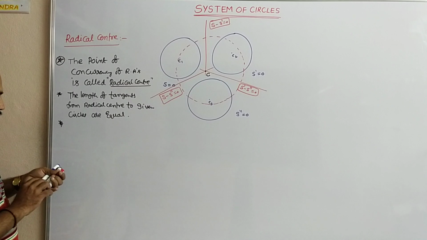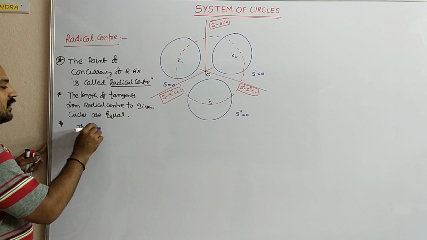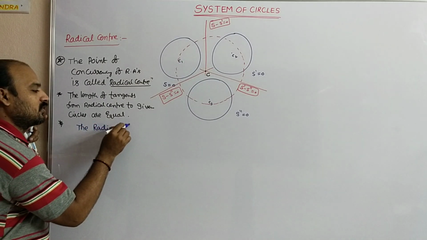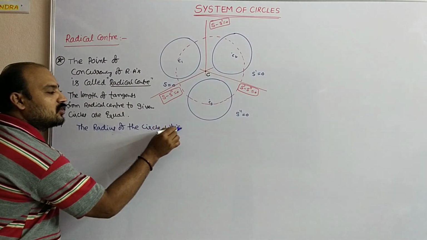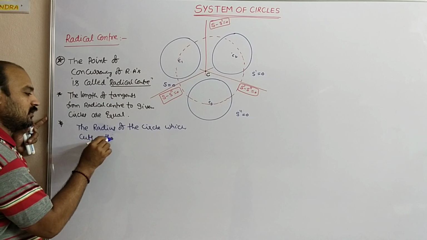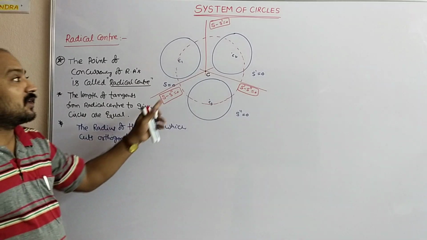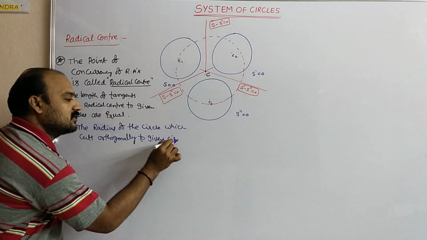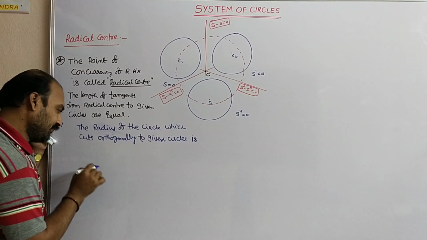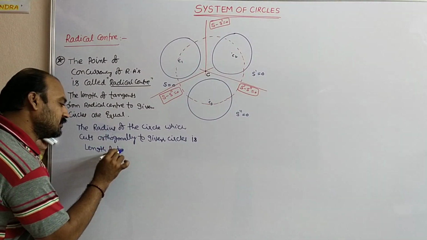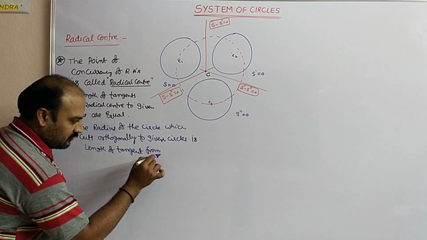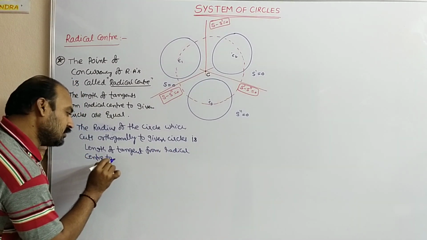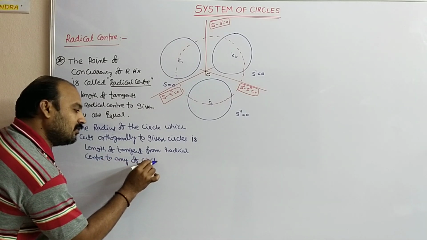So the radius of the circle which cuts the given circles orthogonally is the length of tangent from the radical center to any of the circles.